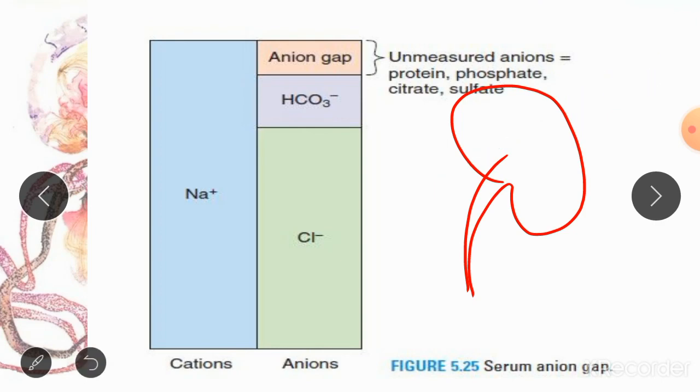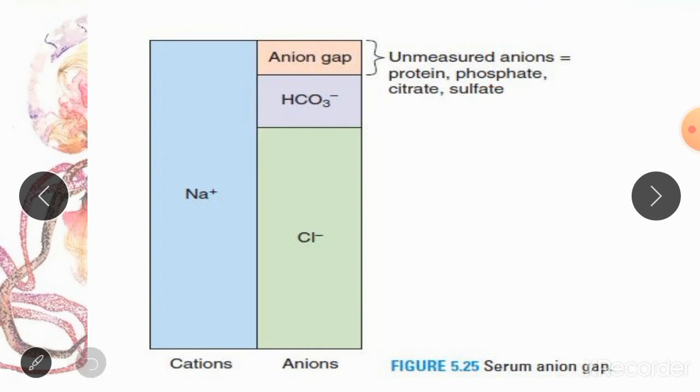So when there is metabolic acidosis without an increase in anion gap, you immediately understand that it is due to reduced bicarbs, which have been compensated by increasing chlorides, so that the anion gap is not increased.